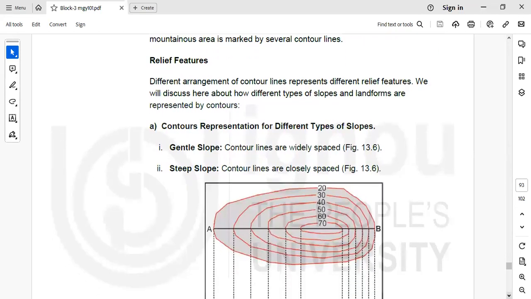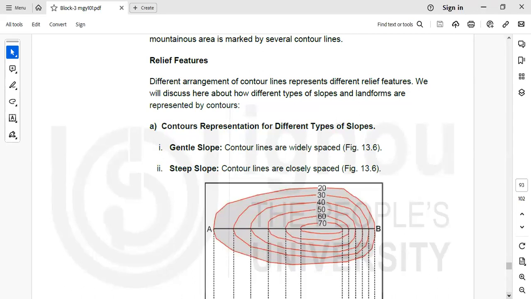So contour representation for different types of slopes. You are aware that we have the gentle slope, the steep slope, the convex slope, the concave slope, the uniform slope, the regular slope, and irregular slopes. So how can we identify the different types of slopes in our topographical map?